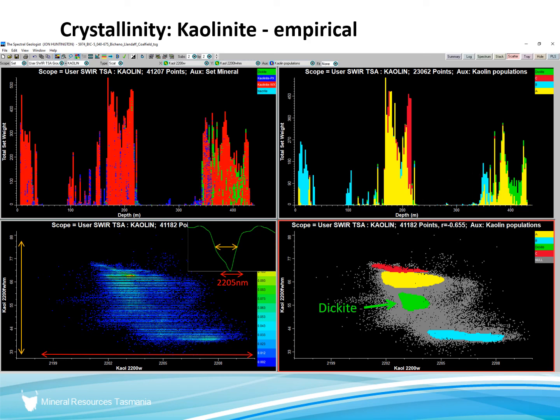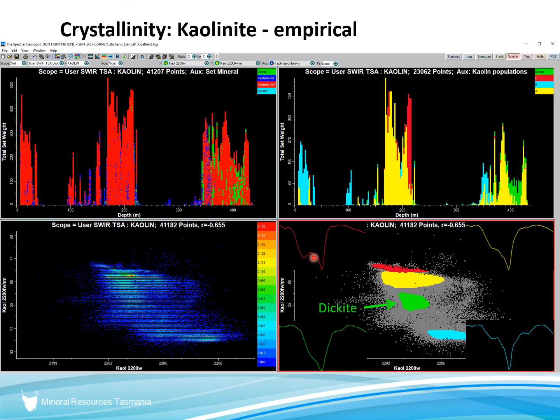Now we don't know exactly what these kaolins are, but they are different varieties, maybe composition, but more likely different types of crystallinity. And in fact, we see the spectra vary. These red ones here have a double feature of well-ordered kaolinite, whereas the blue ones have more disordered kaolinite. So maybe we're mapping the degree of disorder in the kaolinite crystallinity as we go down the drill hole.